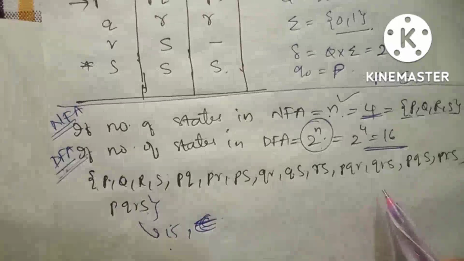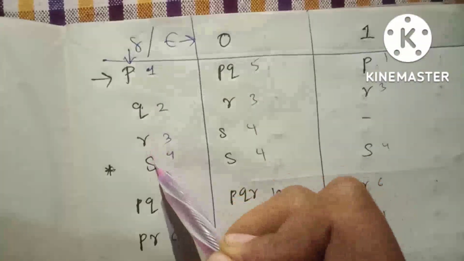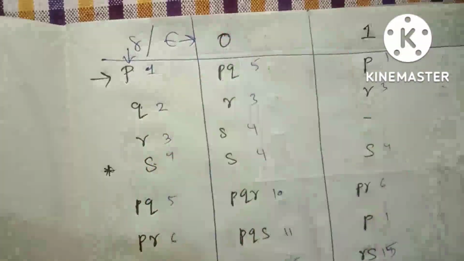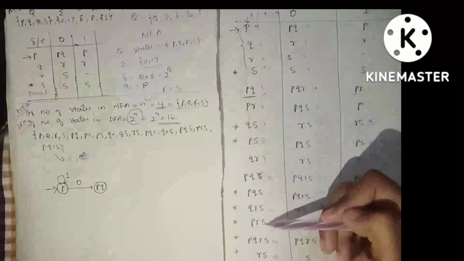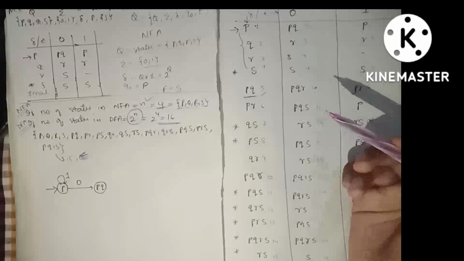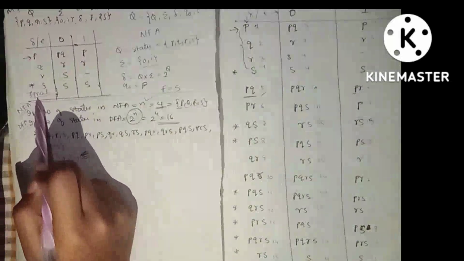For this, let us construct the table. I have constructed the table. So these are the states. Here P, Q, R, S are already given. Wherever there is S, I am giving stars. Why am I giving stars? Because in NFA it is already said S is the final state.